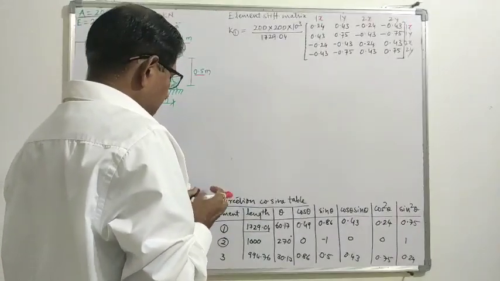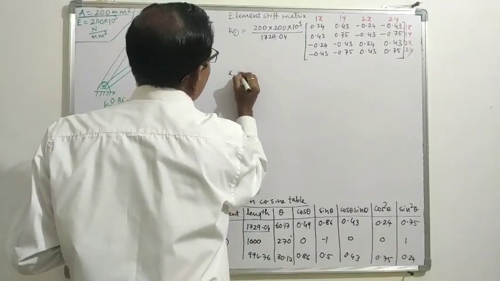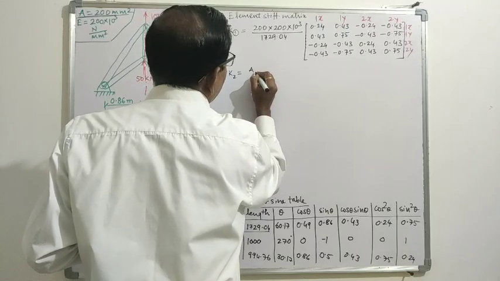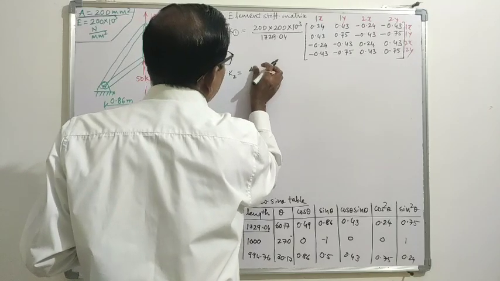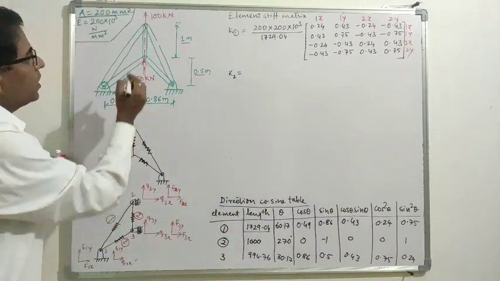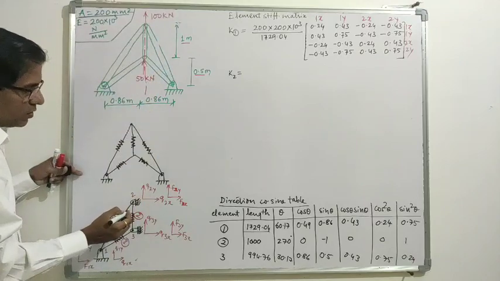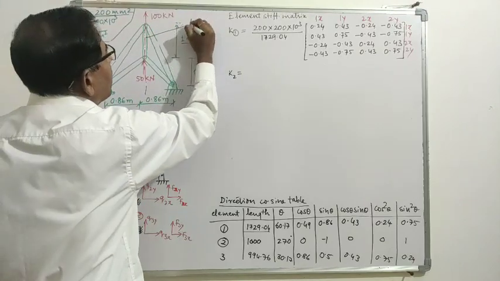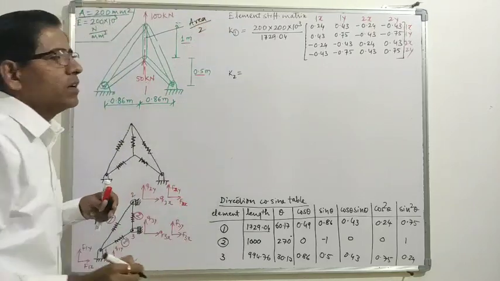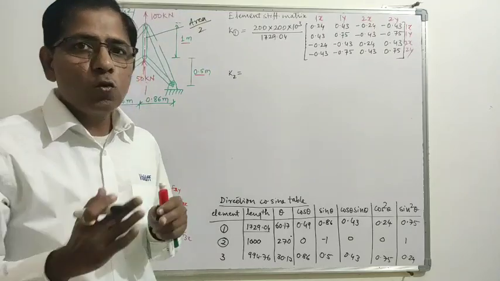Same way you need to calculate K2. Now here we have divided this member into two halves. So the area of this member will be divided by 2 because we have cut this member into two halves.